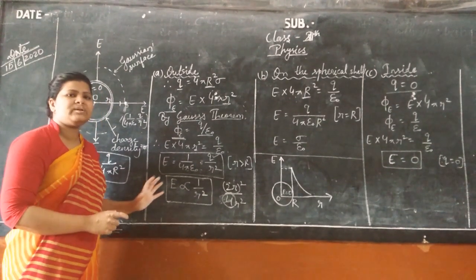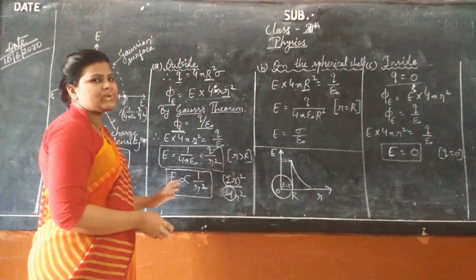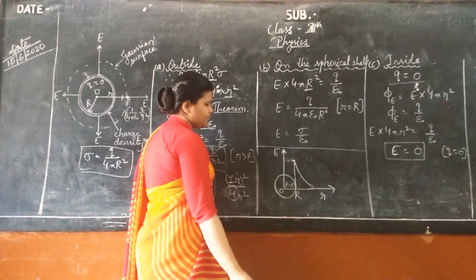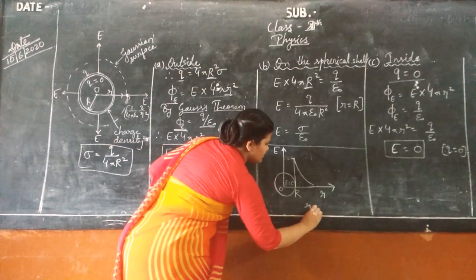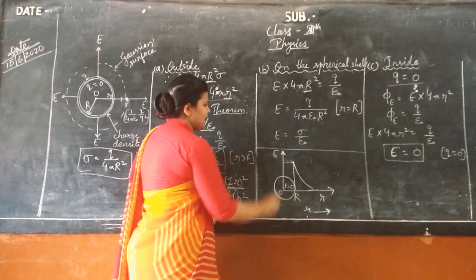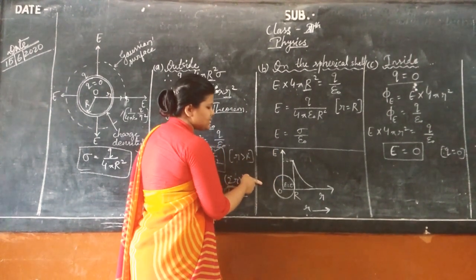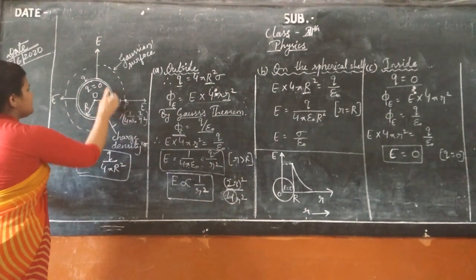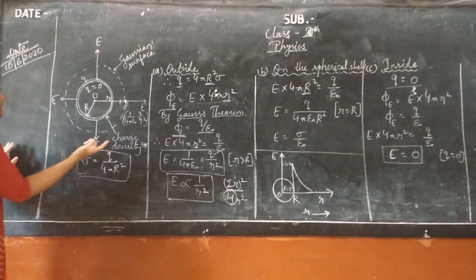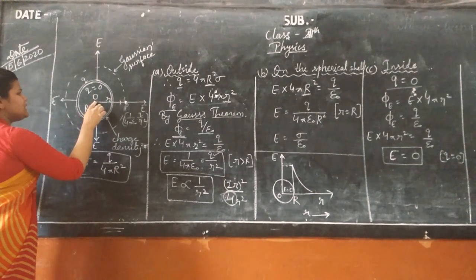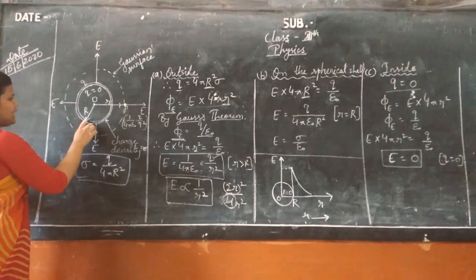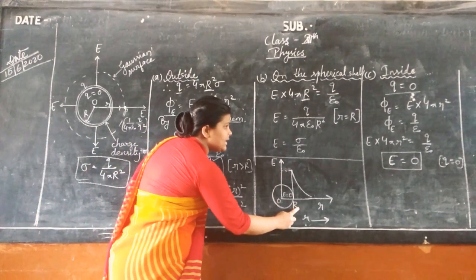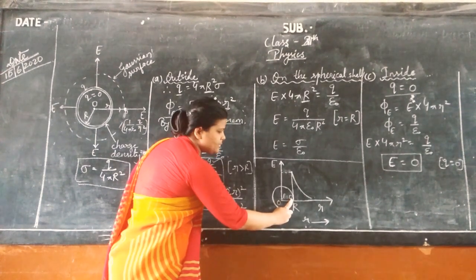Now, why are we knowing about this? Because now we have to draw one graph to show the electric field due to a spherical shell. So here you can see one graph is there. This is the value of R in x-axis and value of E in y-axis. As we have seen that inside the shell Q is 0, so electric field is 0. So from R equals to 0 to R equals to capital R, electric field is 0.